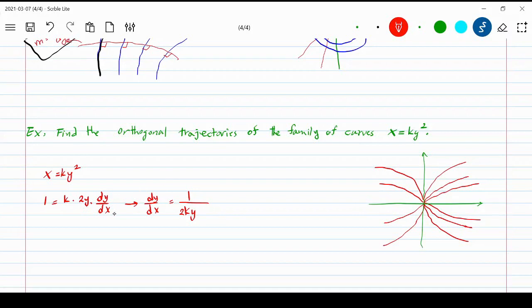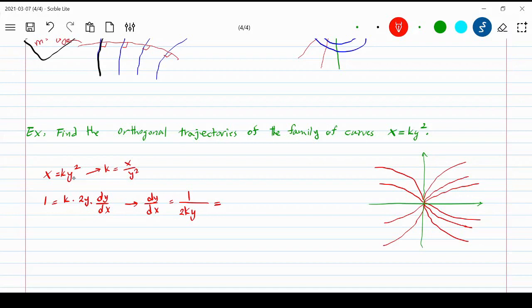Okay, so now what can we do about the slope of the orthogonal? By the way, you can simplify this a bit. What do we know about k? k is x divided by y squared.